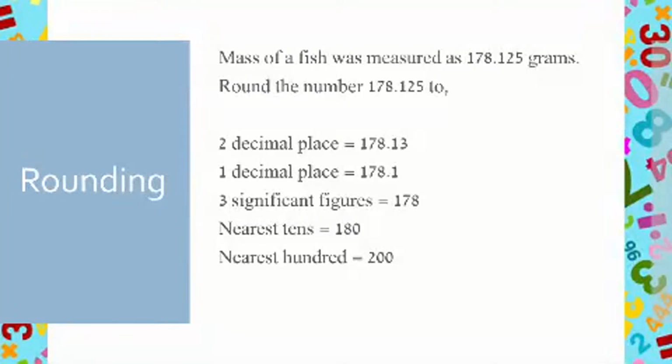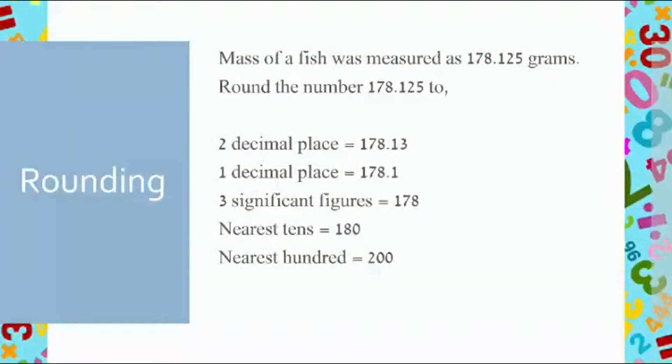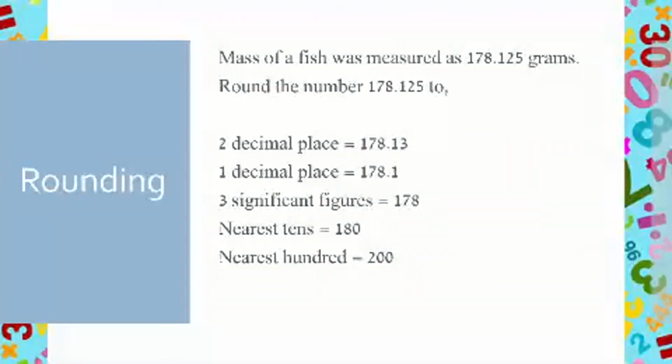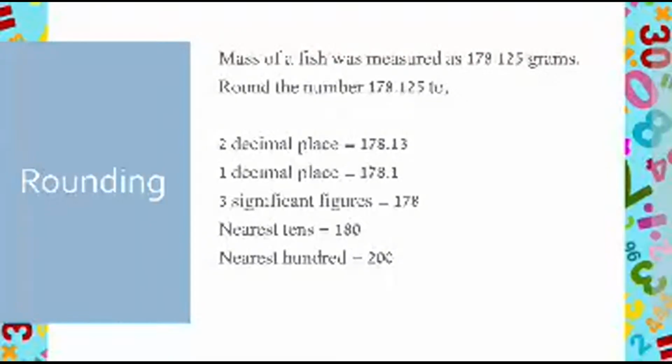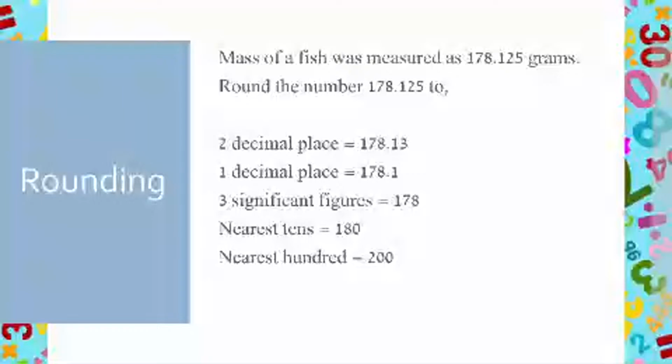That last number's fate is decided by the third number, which decides whether the second number will increase by one or not. If it is 5 or more, my previous number, that is 2, increases by 1 and becomes 3. So the answer is 178.13.